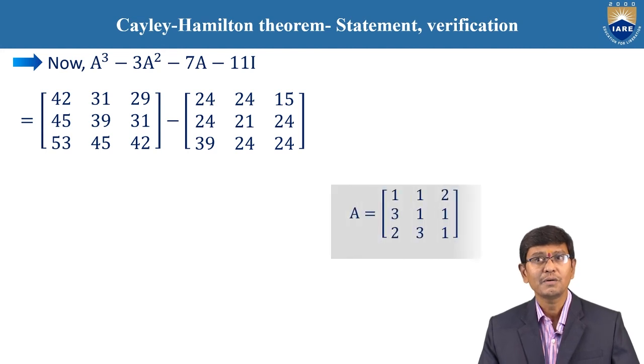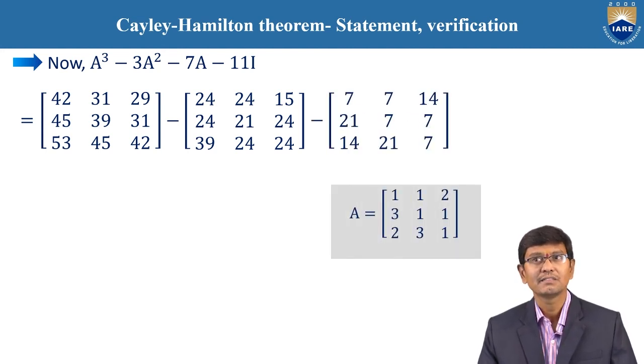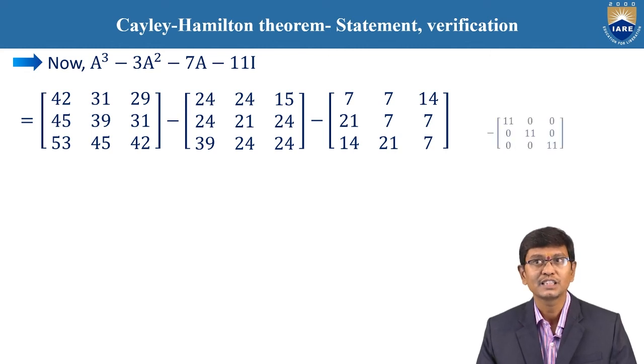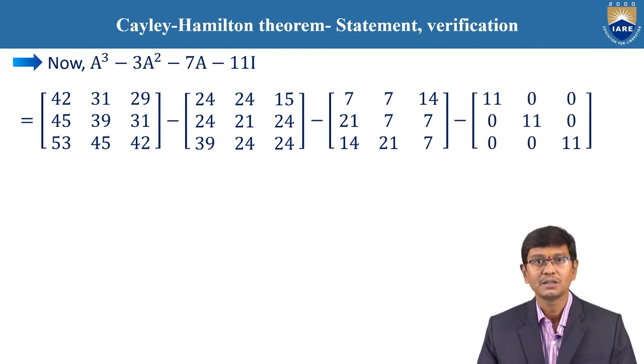Next, with the given matrix A, minus 7 times it gives 7, 7, 14, 21, 7, 7, 14, 21, 7. And next, with the unit matrix I, minus 11 times it gives 11, 0, 0, 0, 11, 0, 0, 0, 11.